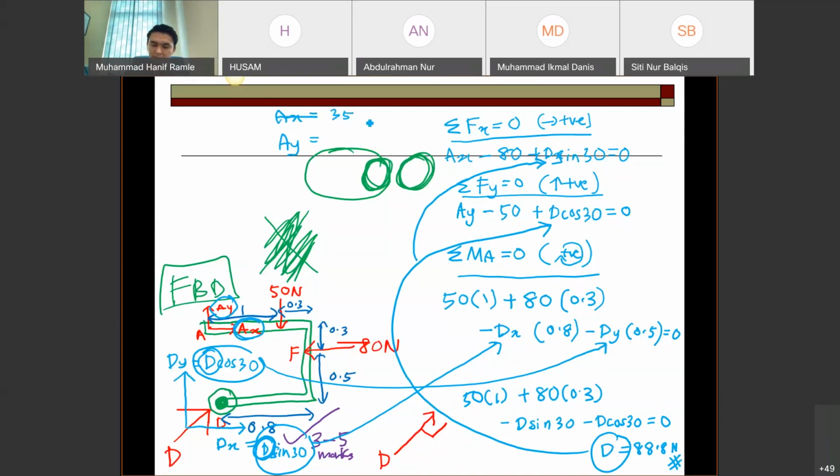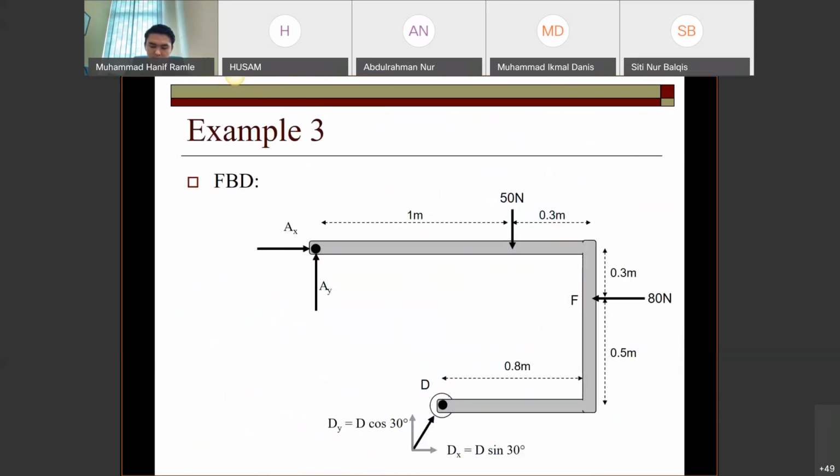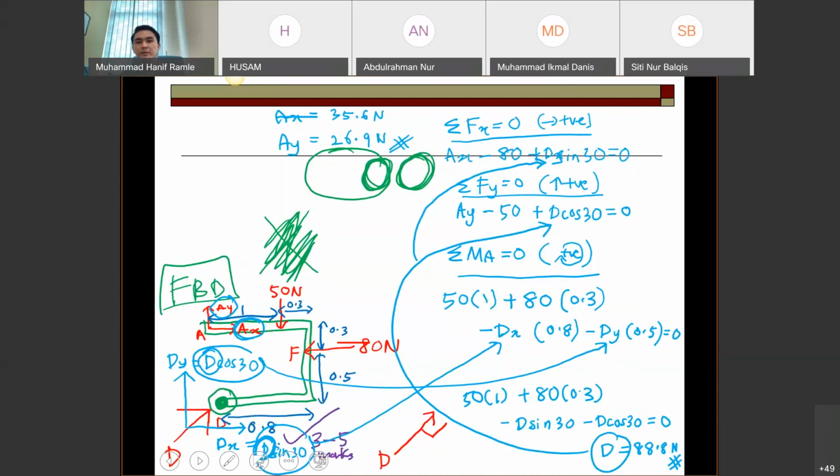Please check the answer. And AY is 26.9 Newton. Please check the answer. Is it correct? Is it same?